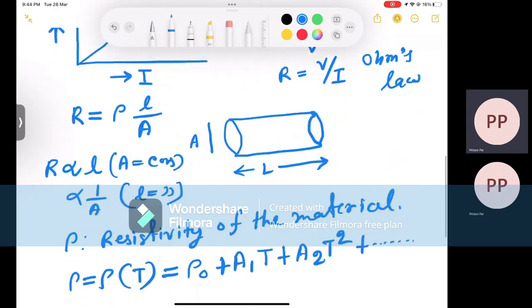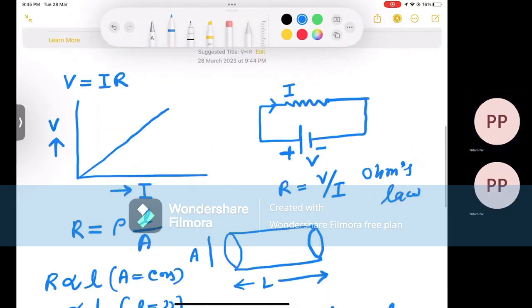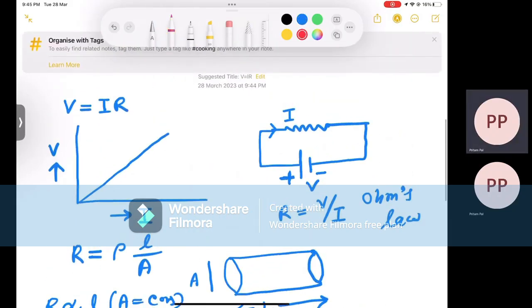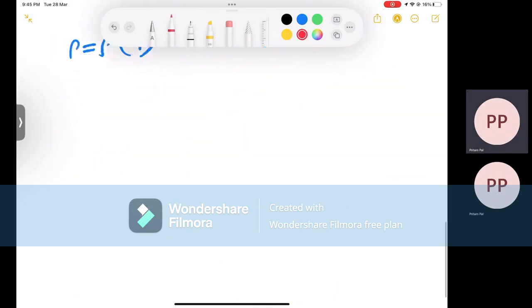So this is for a linear material, linear IV characteristics.